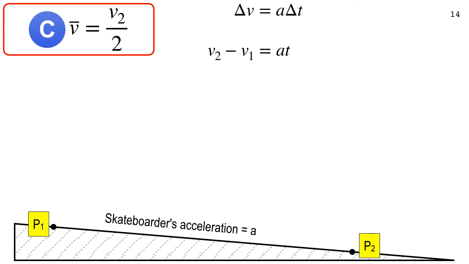Now, side note, at point P1, the skateboarder's at rest, so V1 is equal to 0. We already know that. That was one of the previous clicker questions. Now, go ahead and write down on the next line how this formula would simplify under this side note.